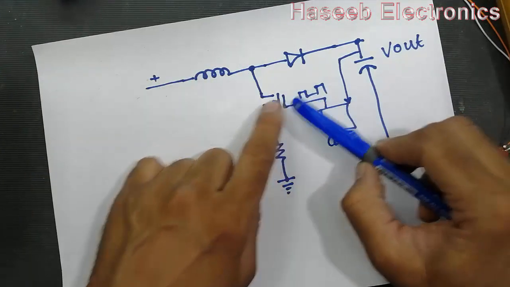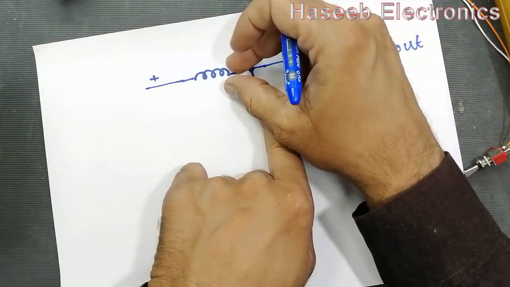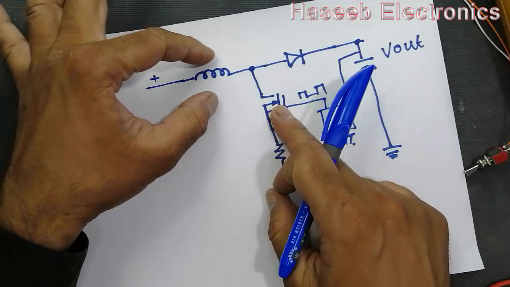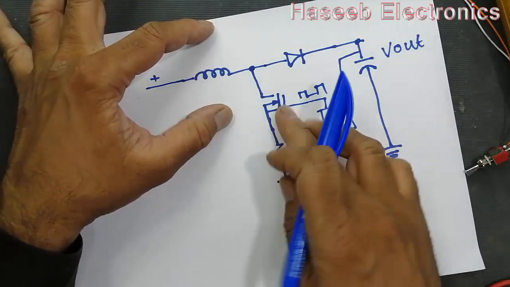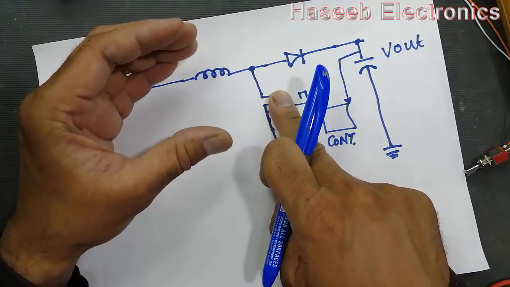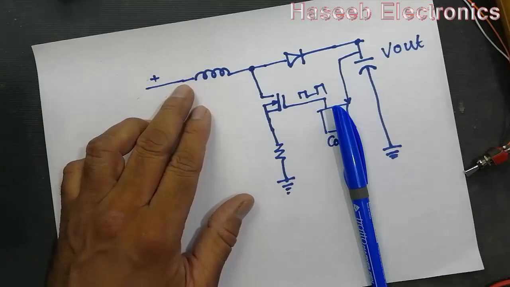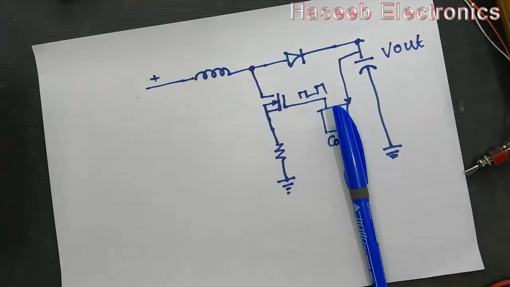In the off time, when this switch is open, what will happen now? A strong magnetic field was built up here in the on time. Now the magnetic field will collapse, and when it collapses it will induce a reverse voltage.